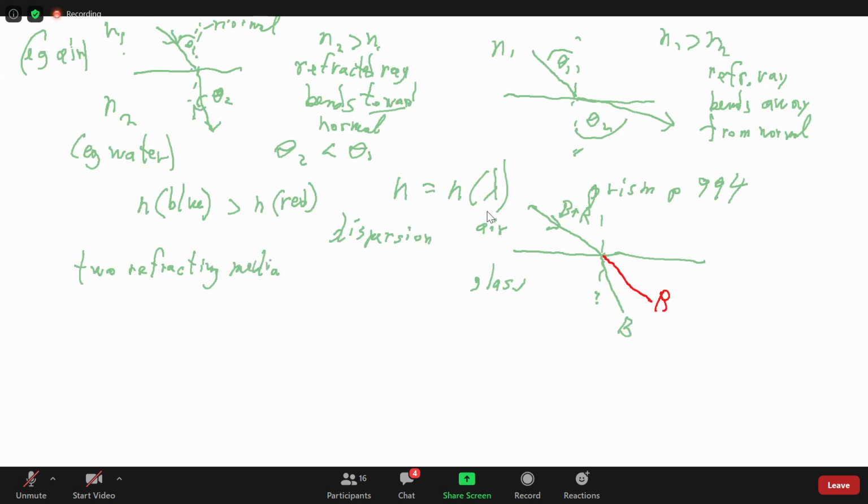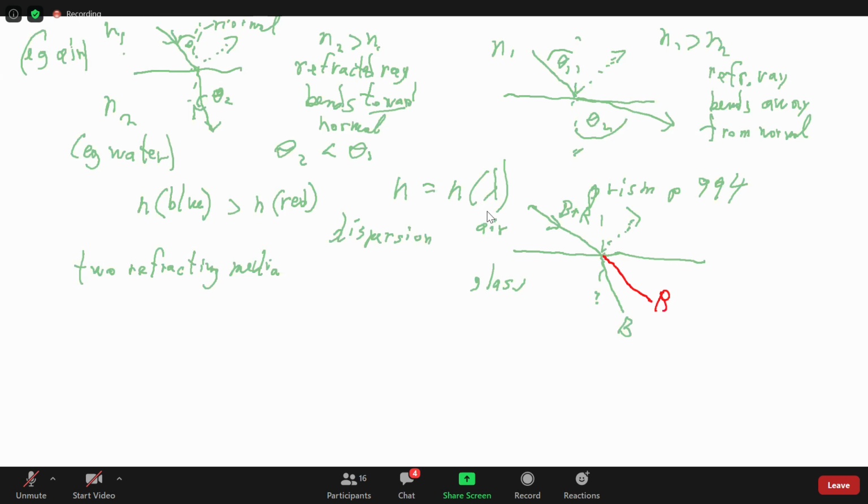By the way, whenever you have this, you're also going to get some reflection. When light changes from one medium into another, you get refraction, but you always get some reflection. In the case I'm going to show now, I'm not going to actually show the reflected rays here, just to show you do get some reflection.